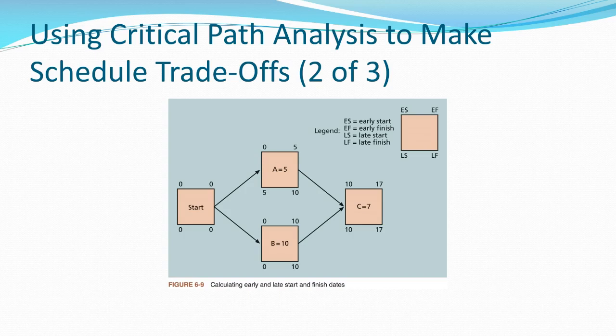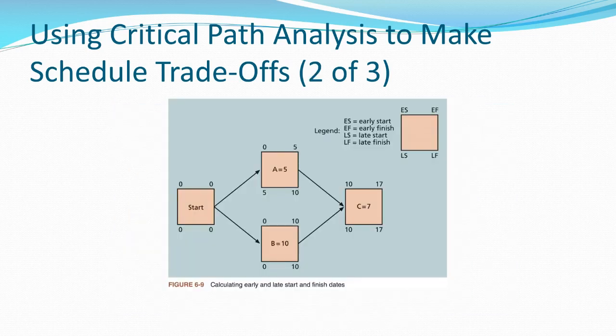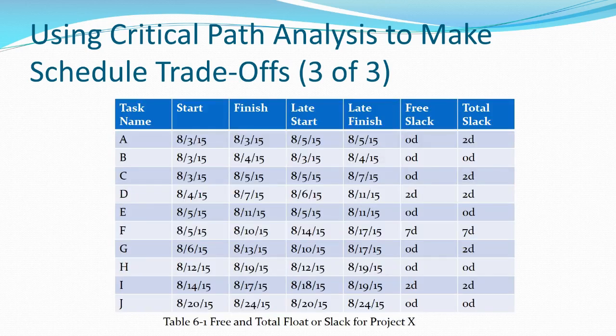We're actually doing a complete module just on how to calculate critical path. Our text will walk you through this. I think our next lesson will give you a much more in-depth view on how critical path actually works. But you can see, if you compare this diagram and this chart, our text will show you how to calculate that. I, however, will show you how to calculate that in our next assignment.